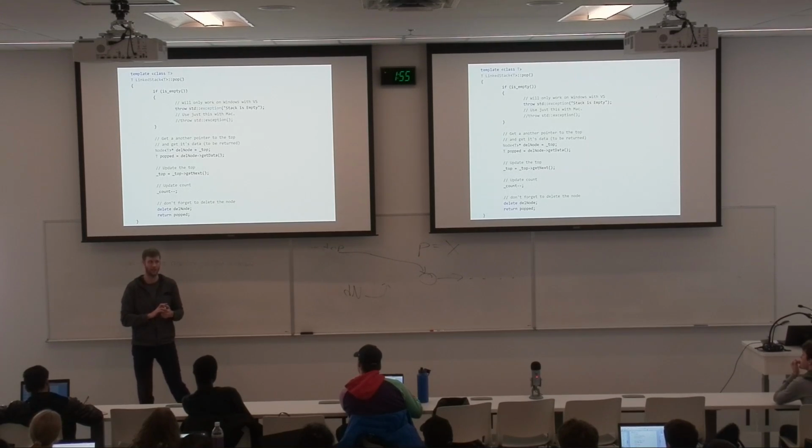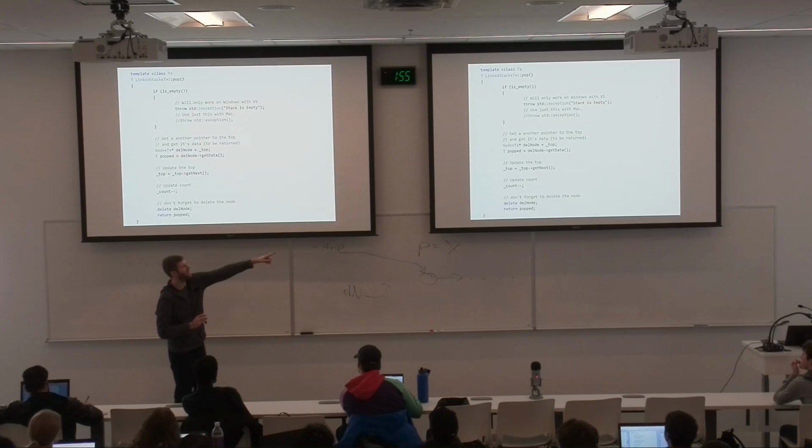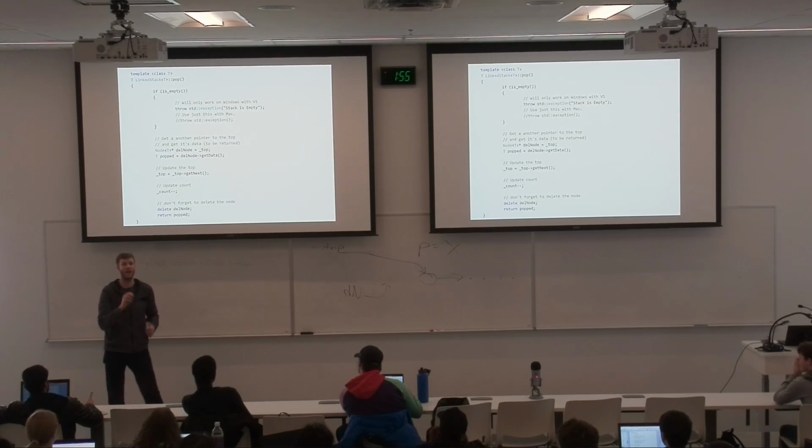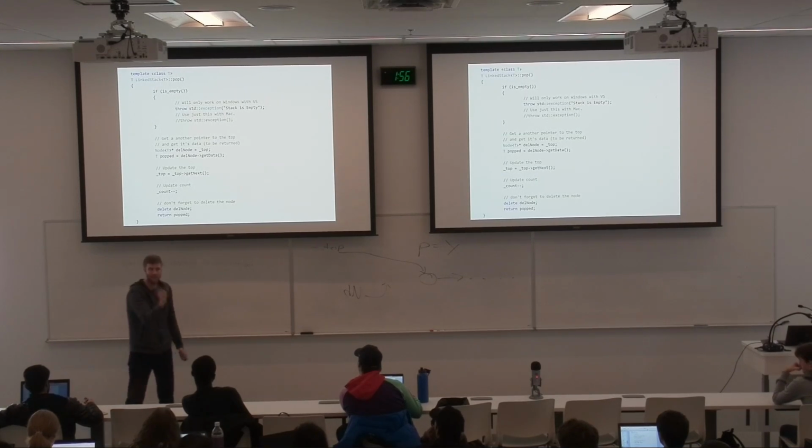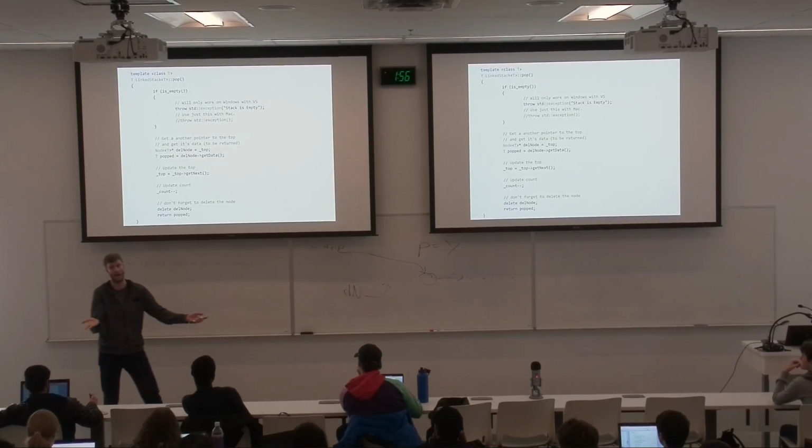This is critical, pay attention. Imagine that my destructor for a node did delete the thing that it's pointing to. Imagine that the delete did delete the data, because we could have coded it that way very easily.